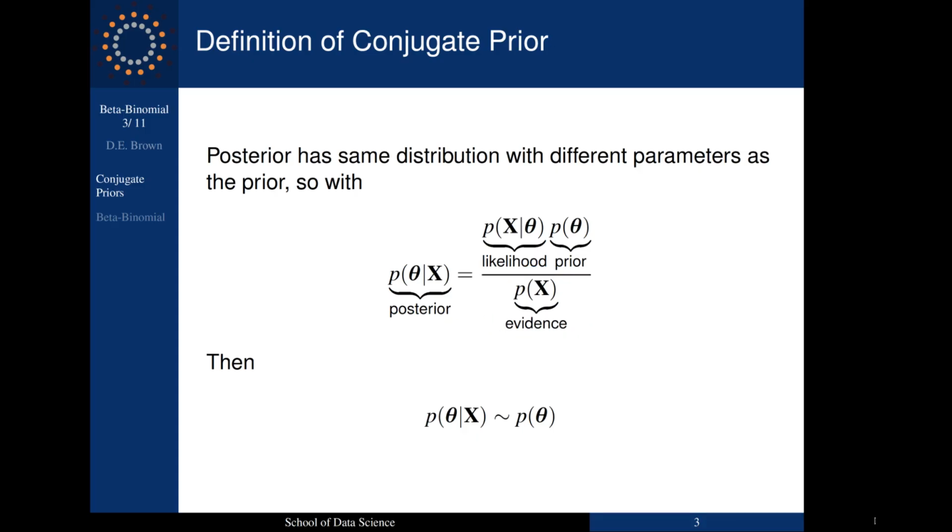It turns out that for conjugate priors, the family that the prior is from is exactly the same as that of the posterior. So the prior distribution could be from a beta, and the posterior will also be from a beta. And that works when the likelihood function has a specific form, and in this case that form is a binomial.